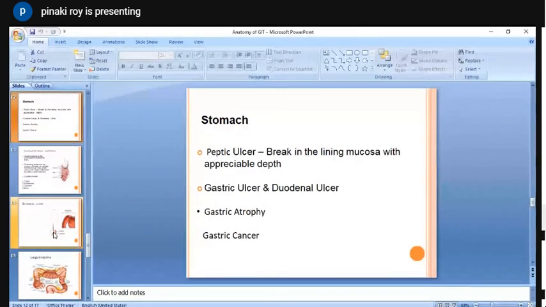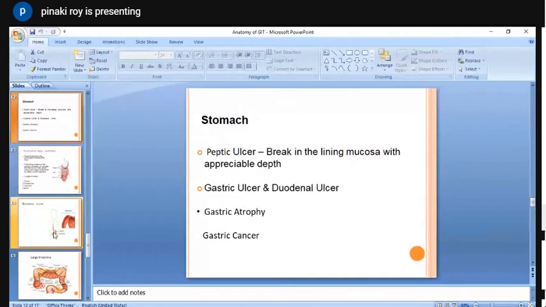Why? Because there will be failure in gastric normal defense. Normal defense is the gastric mucosal cells producing mucins. The mucins will neutralize acids, as well as the prostaglandin, which also neutralizes acids and prevents damage to the epithelium by acid production.